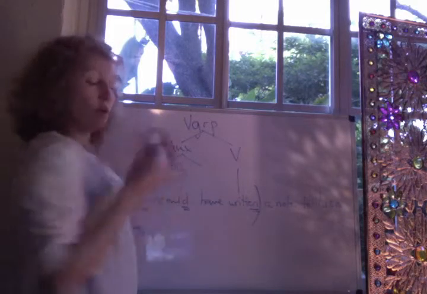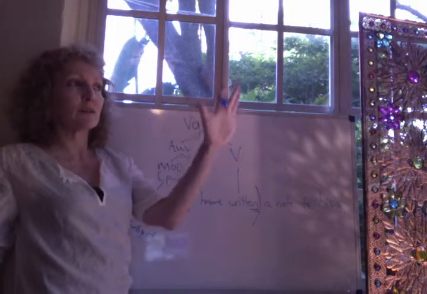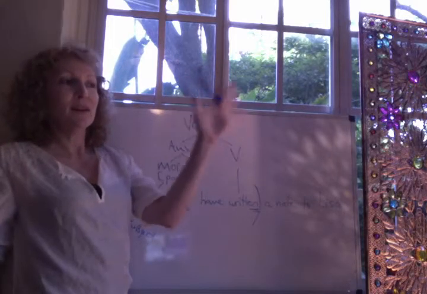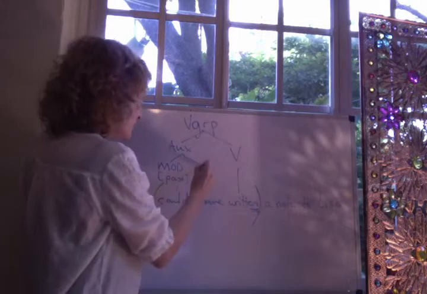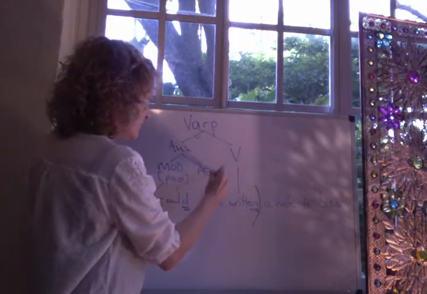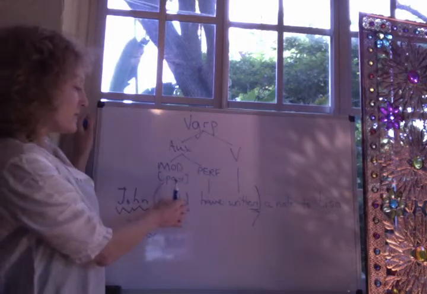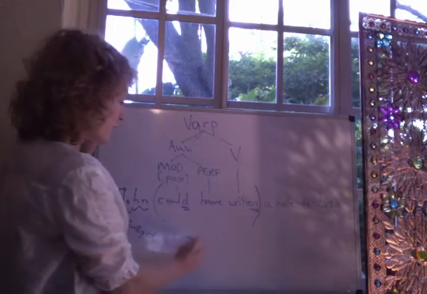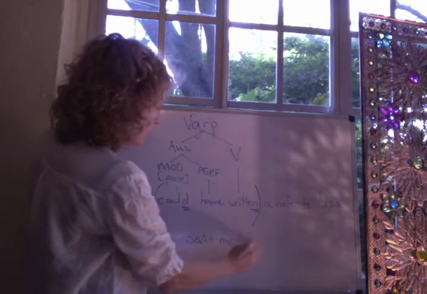Have, we know 100%, there's no question about it, it doesn't have the possibility of being anything other than perfect, right? So this is going to be perfect. So in other words, the sentence is past modal perfect.